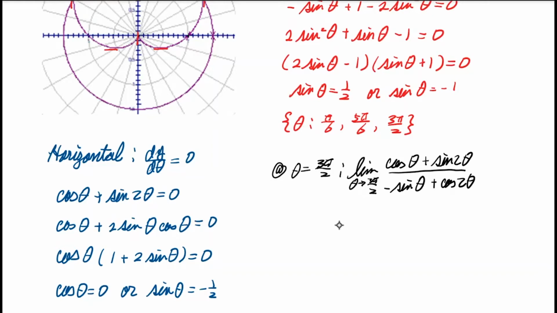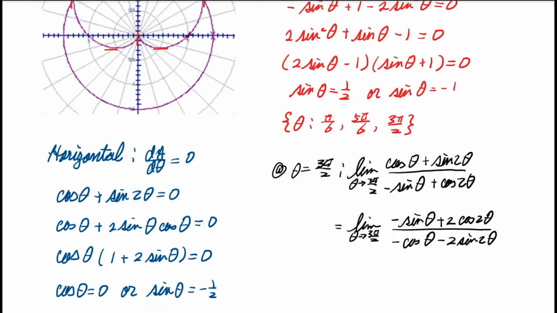So this is the limit as theta approaches 3 pi over 2, and then take a derivative. So this becomes negative sine theta plus 2 cosine 2 theta over, this becomes negative cosine theta minus 2 sine 2 theta.